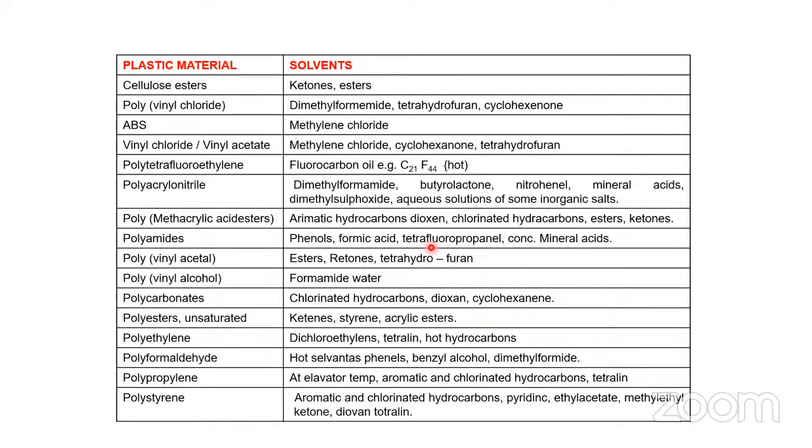Polystyrene is generally soluble in aromatic and fluorinated hydrocarbons, pyridine, or ethyl acetate. So this technique is used depending on the solubility of your plastic material.